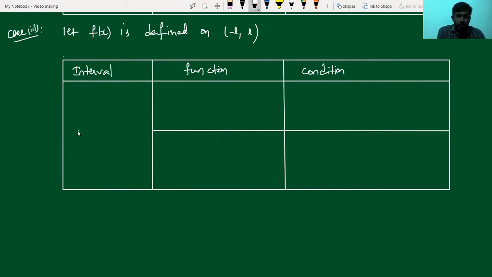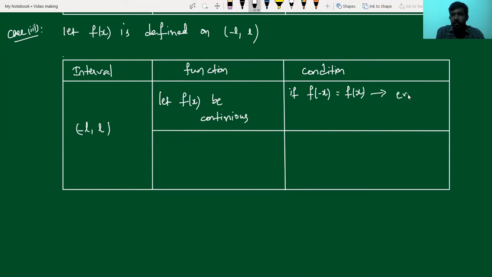As mentioned above, the interval is minus L to plus L, and let f of x be a continuous function. Then the conditions are: if f of minus x is equal to f of x, then the function is said to be even, and if f of minus x is equal to minus of f of x, then the function will be odd.